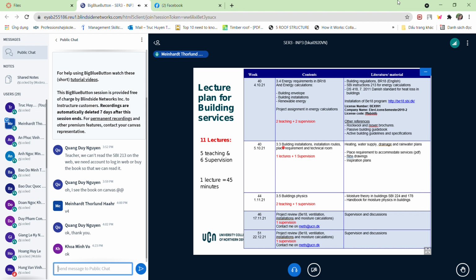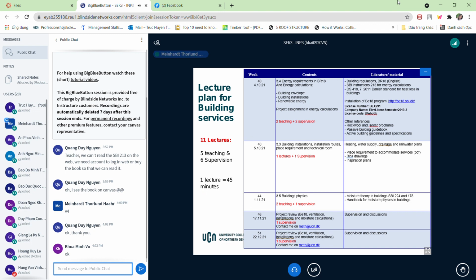I have no idea where you're at right now in your project, but at some point you'll have to do this Be18 calculation, and then we can meet again at these dates and take the questions there, once you've looked at the calculation.